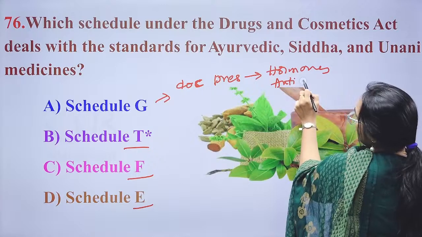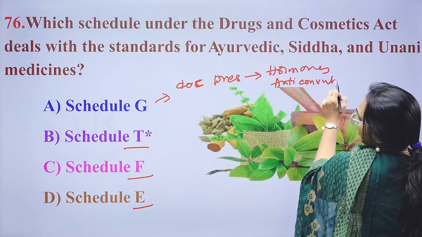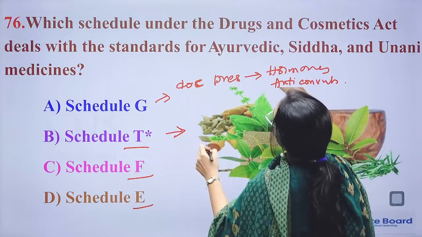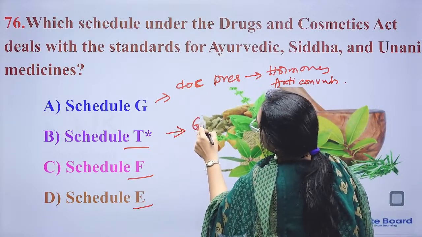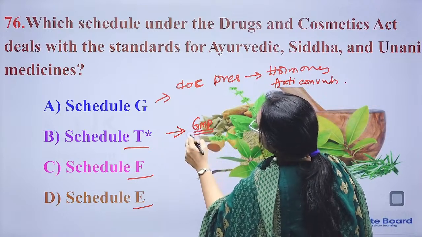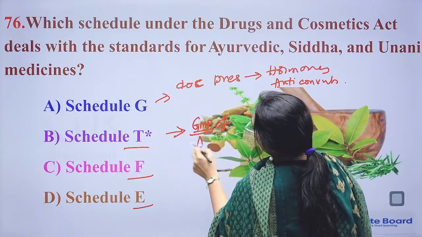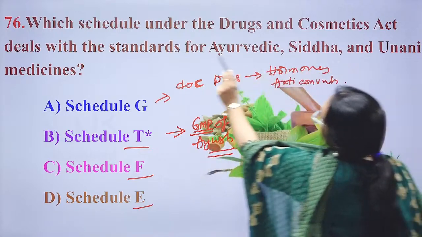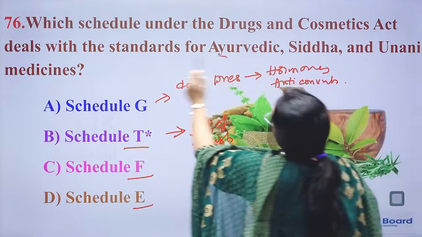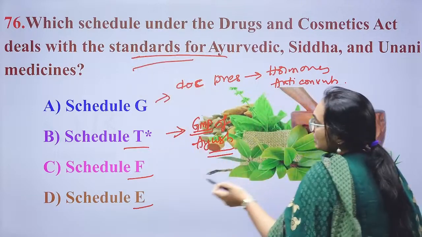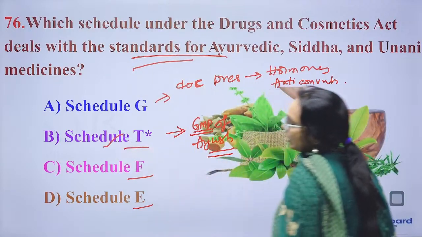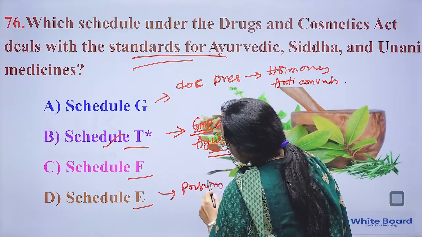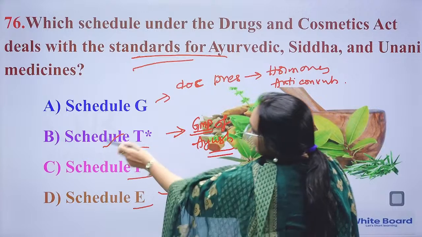So it's not Schedule G. Schedule T gives information on the GMP of Ayush, the guidelines for the standards. The Drugs and Cosmetics standards for Ayush are in Schedule T. Schedule E is for poisons. So here the answer is B.